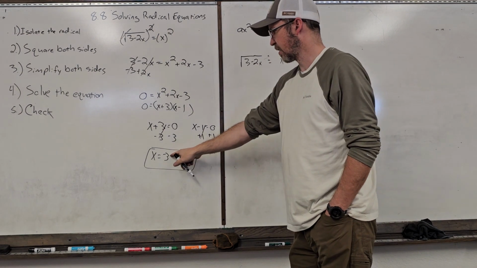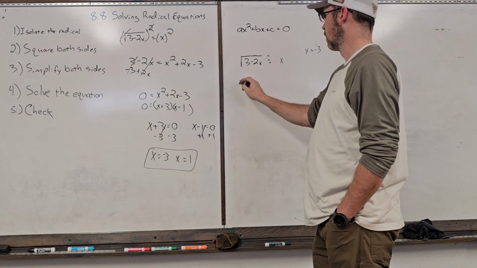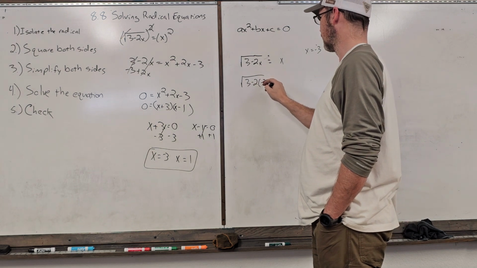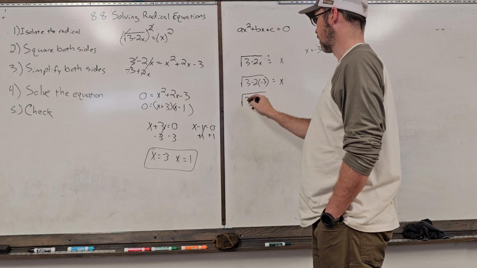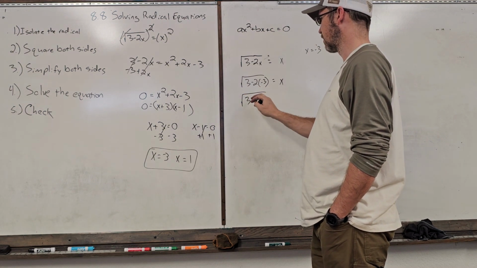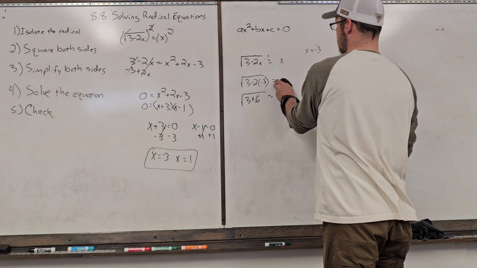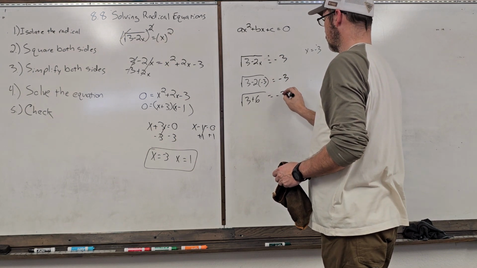I'm going to check negative 3 first. So I'm going to say x equals negative 3. Square root of 3 minus 2 times negative 3 equals x. Square root of 3, negative 2 times negative 3 is plus 6 equals, we're going to change this. X over here is negative 3 also.